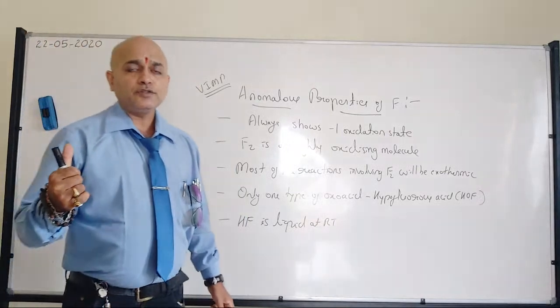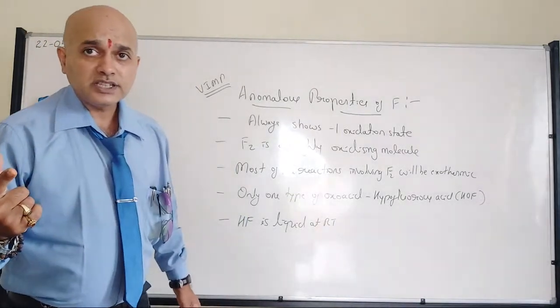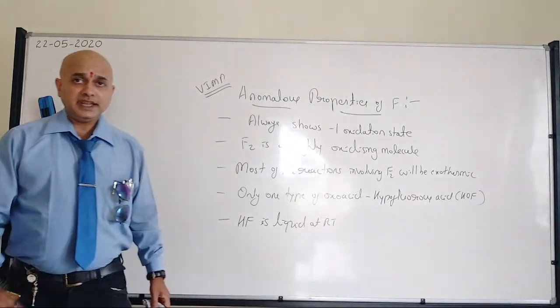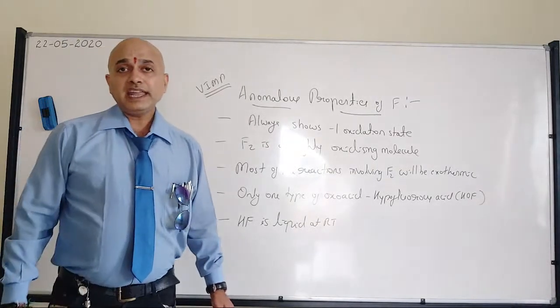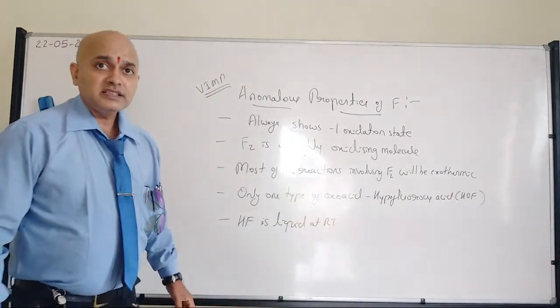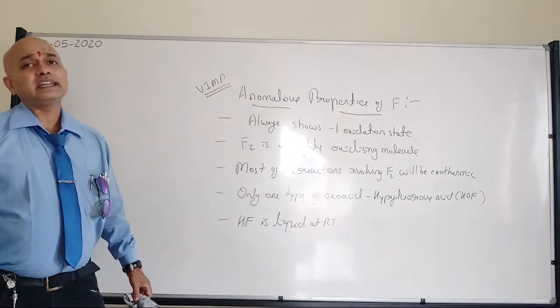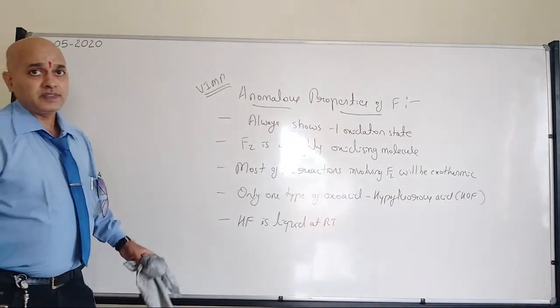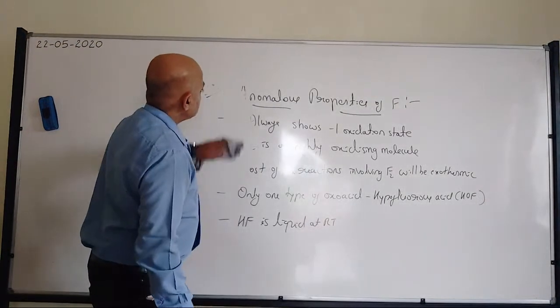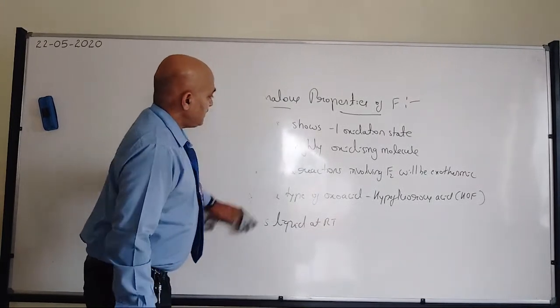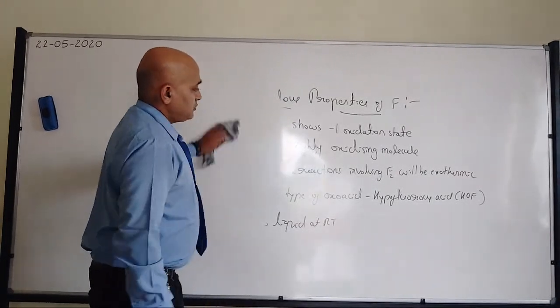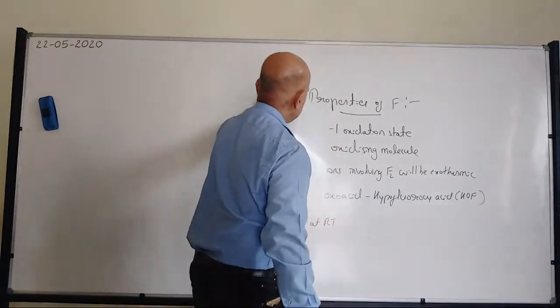Maybe related to fluorine, related to oxygen, or related to nitrogen. Any of these three you can expect. Fine? So they can ask as reasons or they can ask as properties. Okay? So now based on the marks you should decide. If it is for 2 marks, don't write all these things. If you write also no problem.